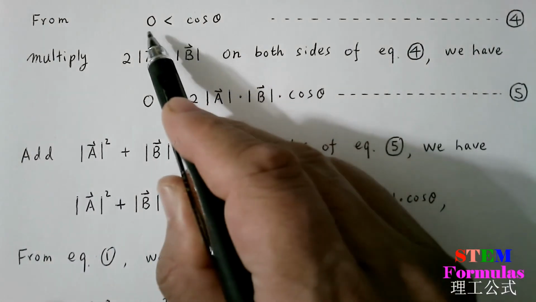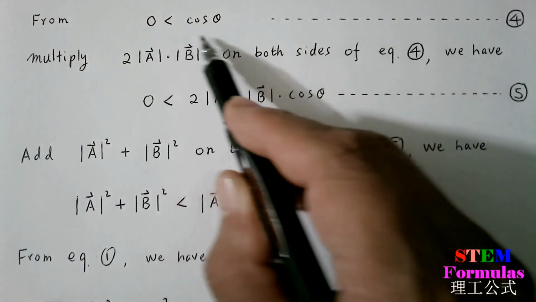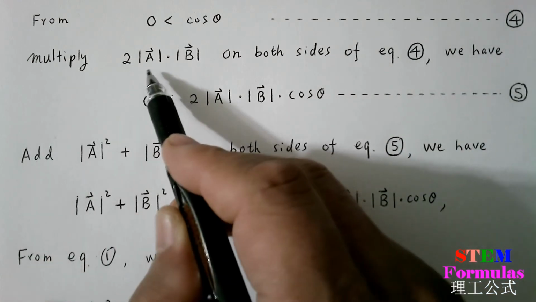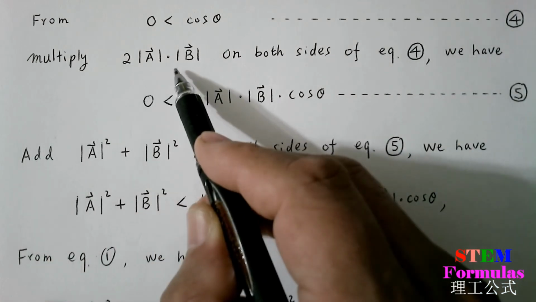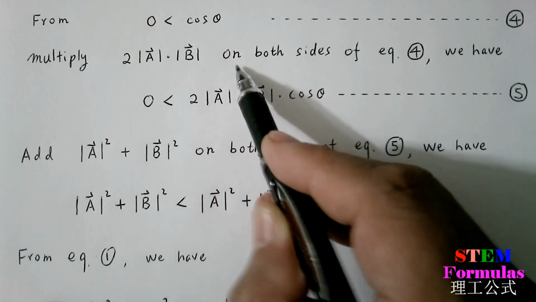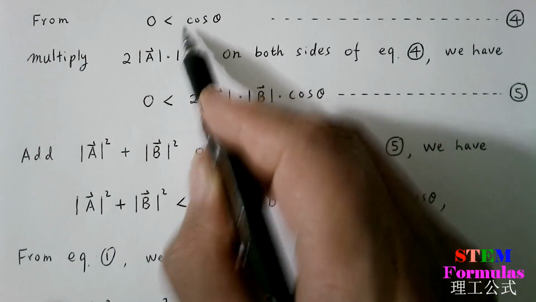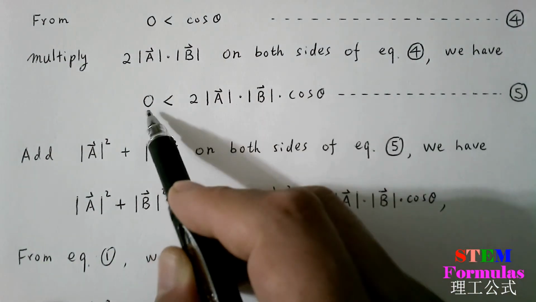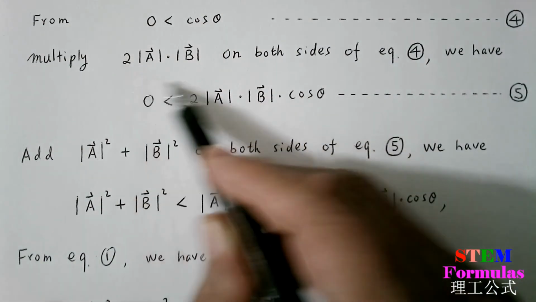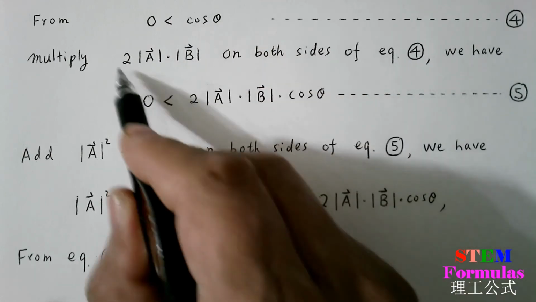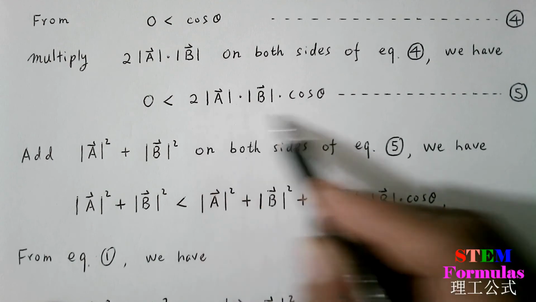From cosine theta greater than 0, we call this equation 4. We multiply 2 times magnitude A times magnitude B on both sides of equation 4. Then we have 0 multiplied by this factor equal to 0, and cosine theta times this factor we get here.